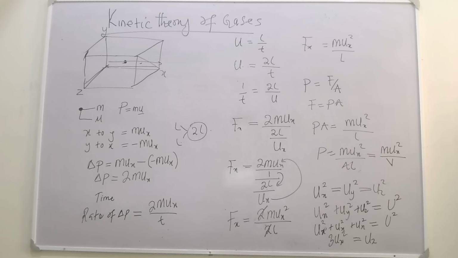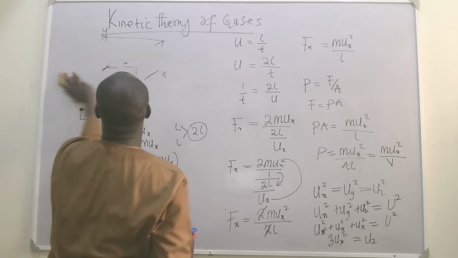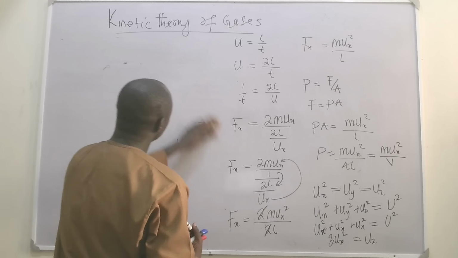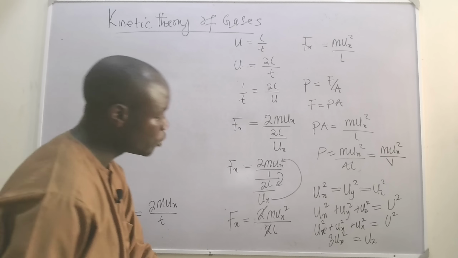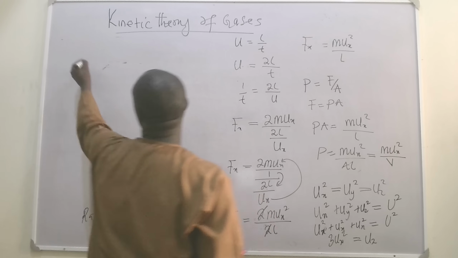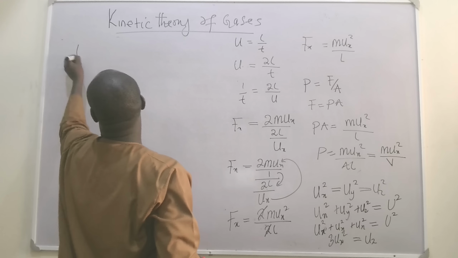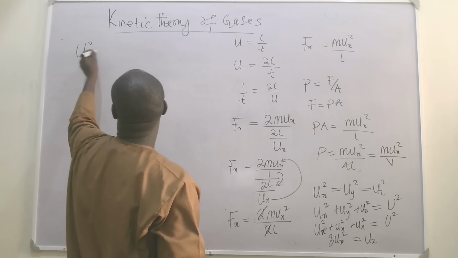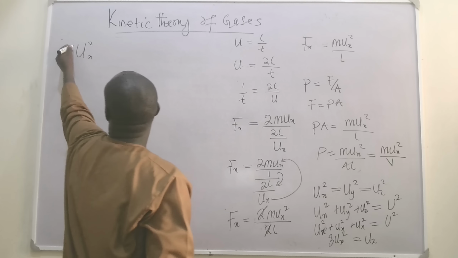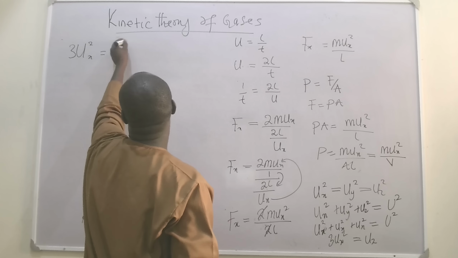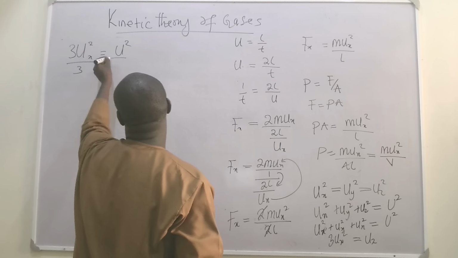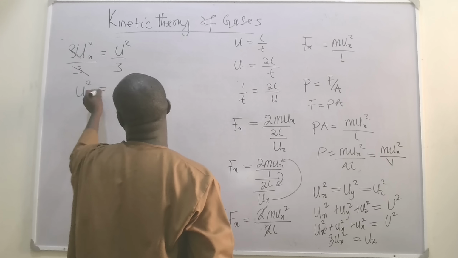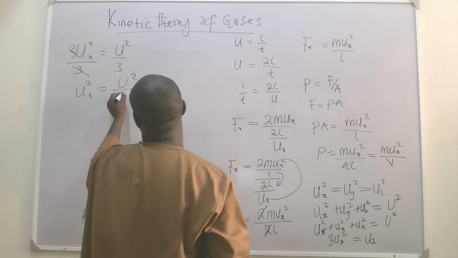So let me continue here. After doing this, it is now going to give us 3 ux squared is equal to u squared. So we can now divide both sides by 3, so this will take care of this. So we now have ux squared is equal to u squared over 3.